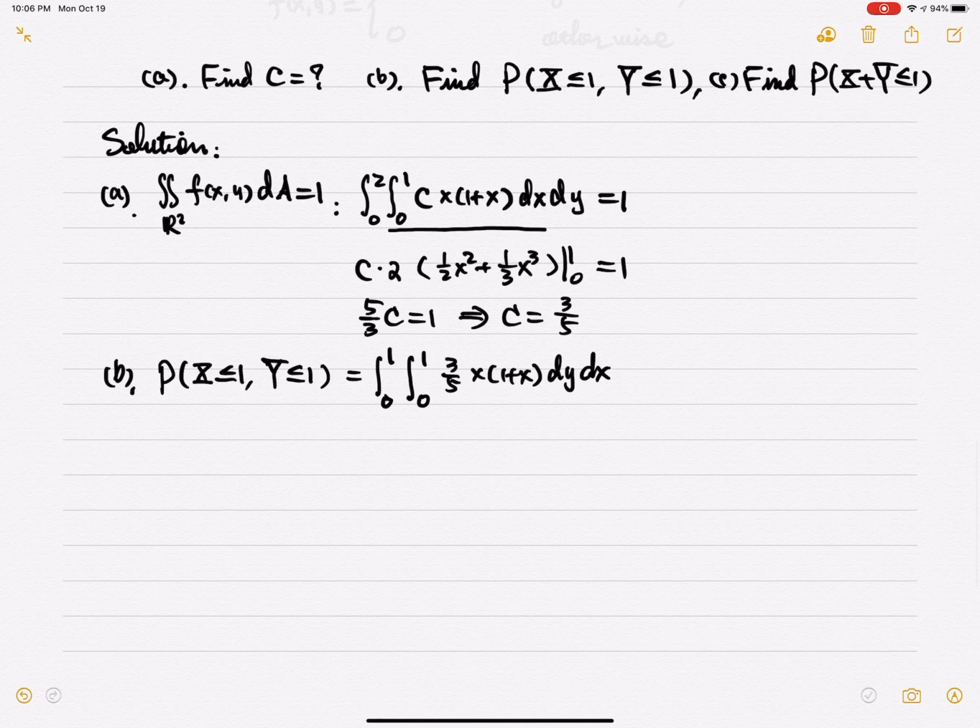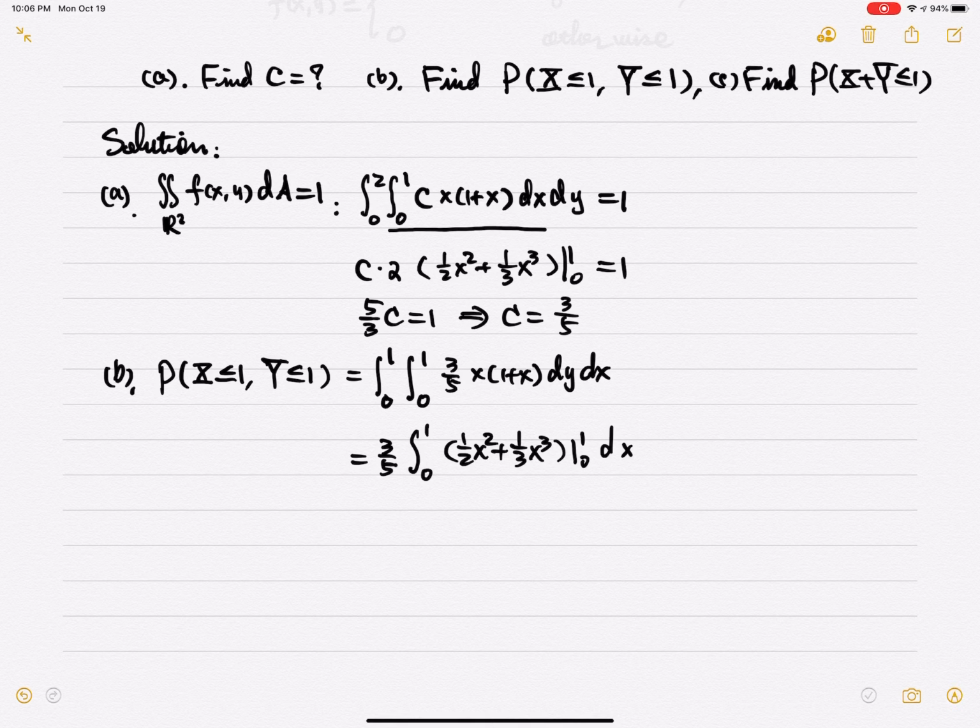So this is equal to 3/5. When we integrate, this is again 1/2 x squared plus 1/3 x cubed, and then plug in 1, 0, dx.